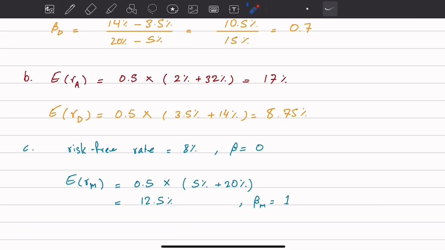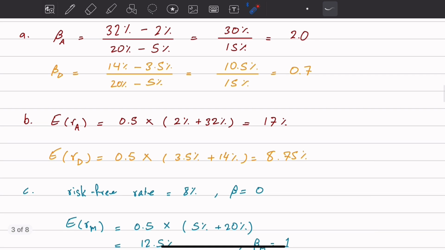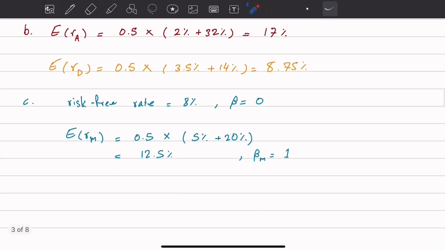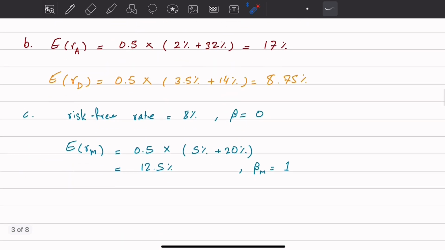Remember, the aggressive stock is expected to generate 17% with a beta of 2, whereas the expected return on the defensive stock is 8.75% with a beta of 0.7. So for each of these stocks, we already have their beta and expected return, so we can draw them on the security market line. Let's start with the aggressive one.